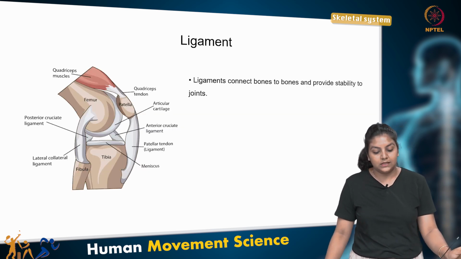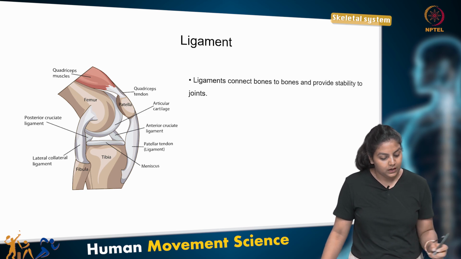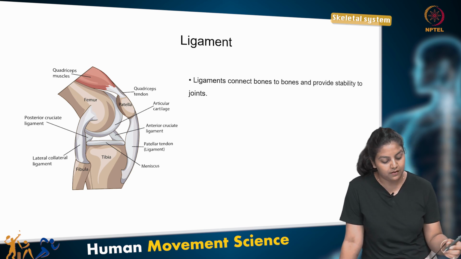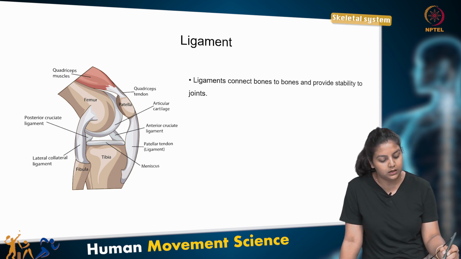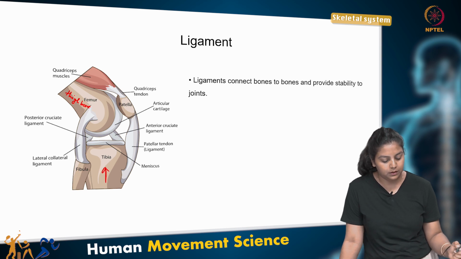The next skeletal structure we are looking at is a ligament. Let's not get too overwhelmed with this picture of the knee. We just have a couple of things that we spoke about earlier. We have the femur bone, which is your thigh bone, and then this is your tibia.